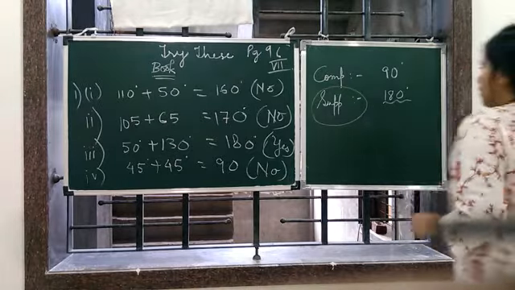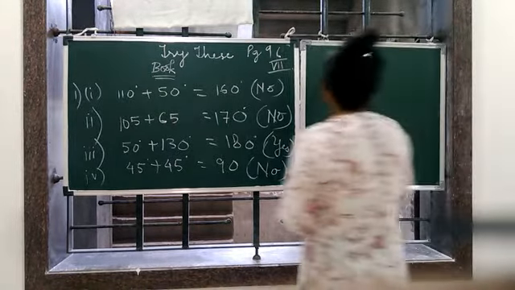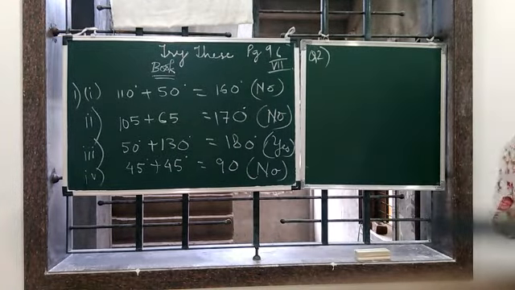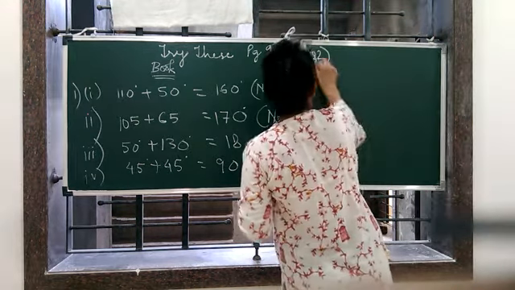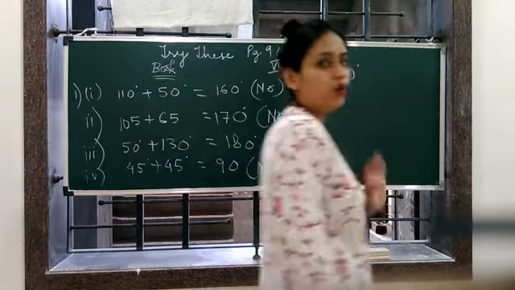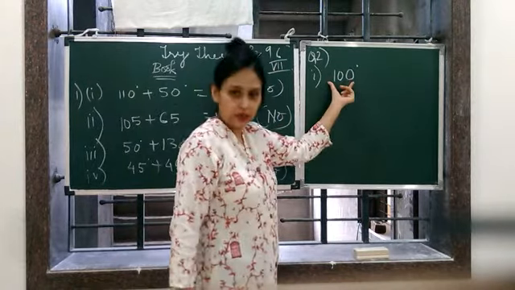So now the second one we will start. Question number 1 we have completed. Now we go to question number 2. Question number 2 says, what will be the measure of supplement angle of each of the following? So if out of the two supplementary angles, one angle is 100 degree, what should be the second angle? Okay, means इसका जो supplement angle होगा वो क्या होगा?